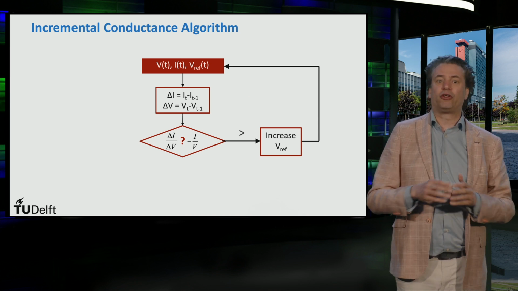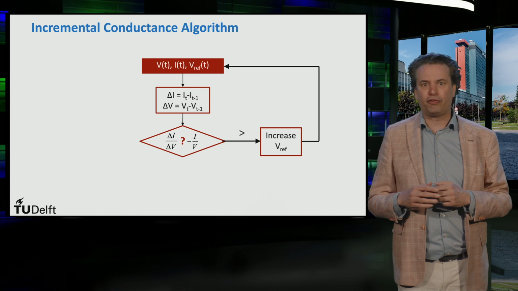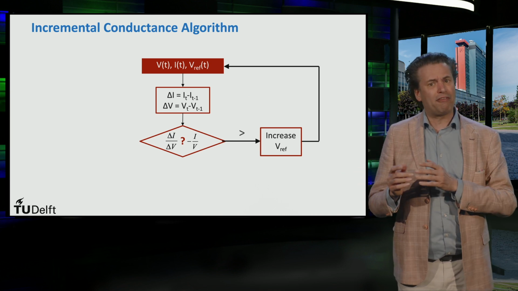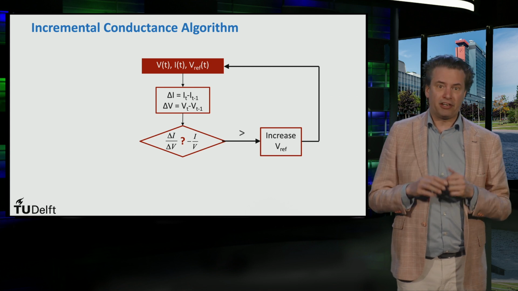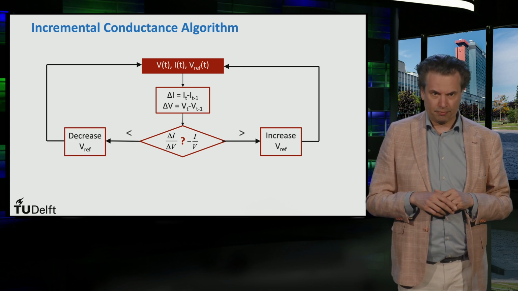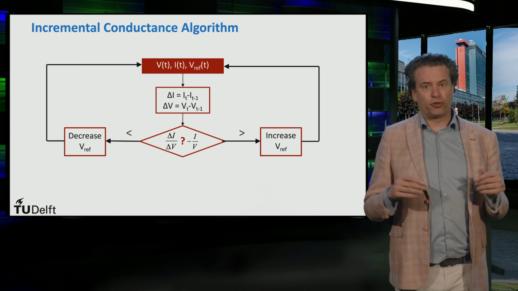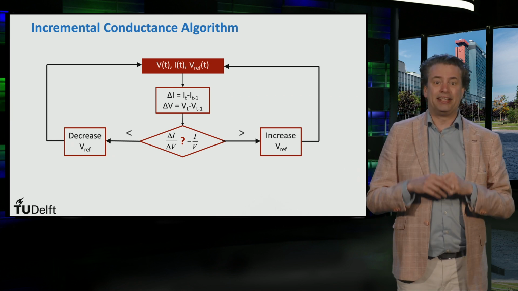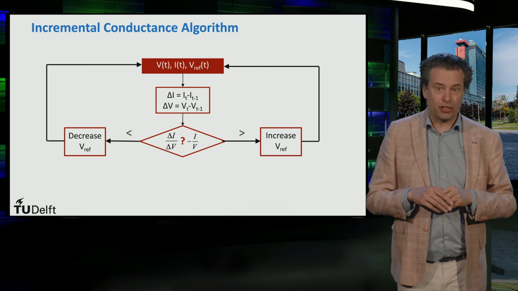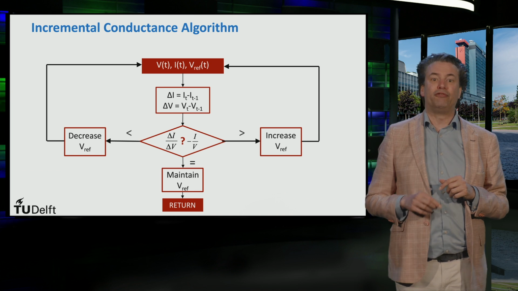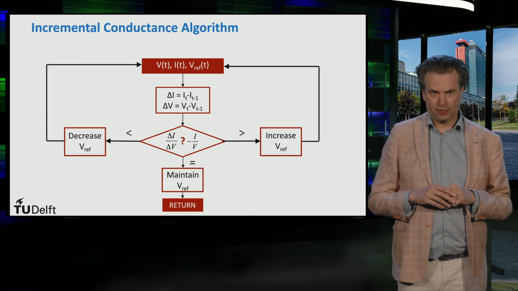Conversely, if the incremental conductance is lower than the negative of instantaneous conductance, the current operating point is to the right of the maximum power point and the Vref is decremented. This process iterates until the incremental conductance is the same as the negative of instantaneous conductance, in which case the chosen Vref is equal to the VMPP.